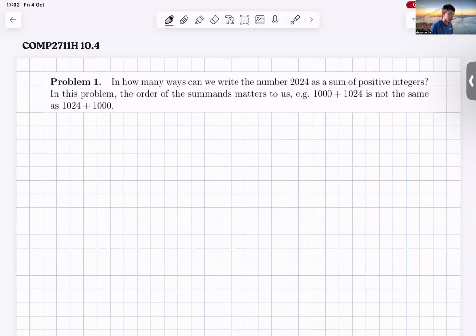For this problem, we can just consider the problem of balls and walls. Like we have 2024 balls. And then the question of asking how many ways can we write it as a sum of positive integers is the same as if we put walls between the balls.